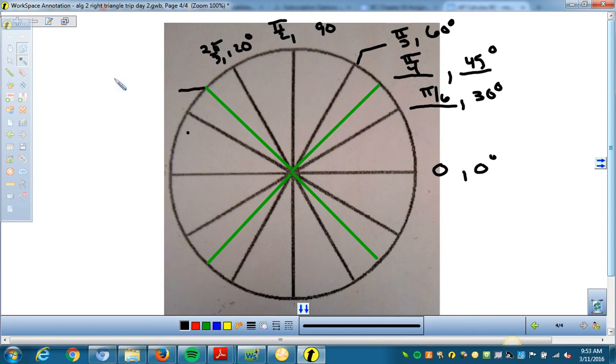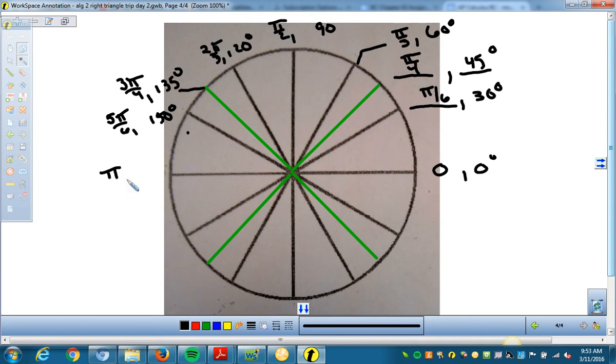This middle one is 3 pi/4 and 135 degrees. This one was 5 pi/6 and 150 degrees. And what's this?